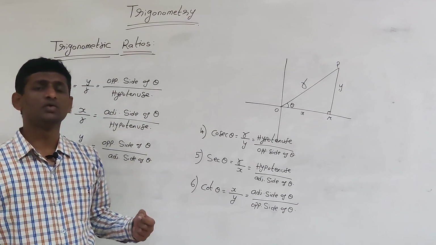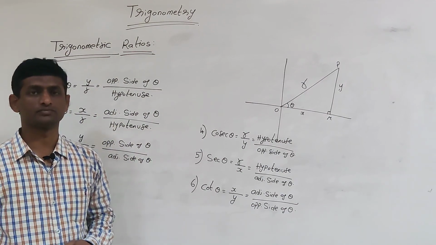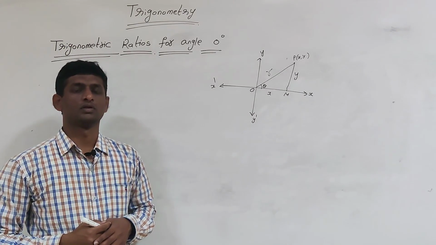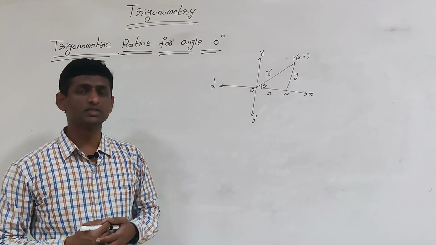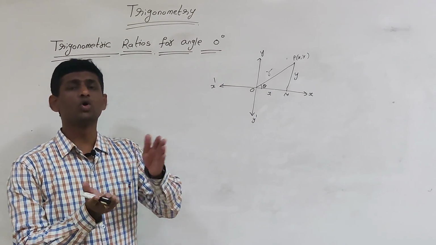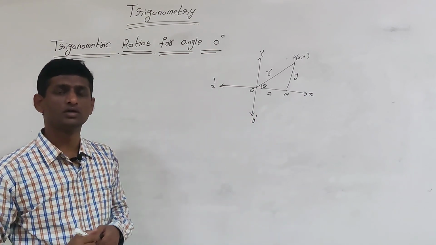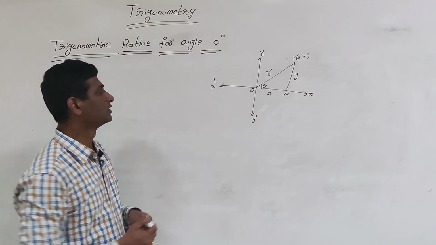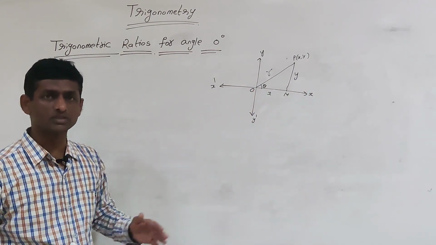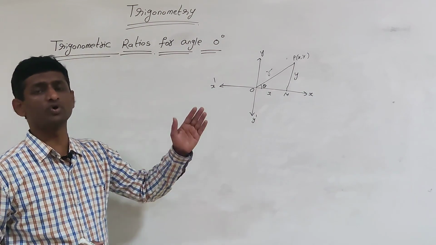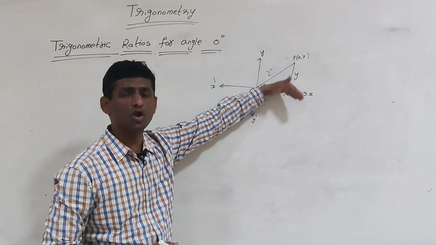Now we'll see the trigonometric ratios for angle 0 degrees. Angle 0 means there is no rotation. This is our standard notation. OX is our initial ray, always fixed, and the rotation will be either in the anti-clockwise or clockwise direction.